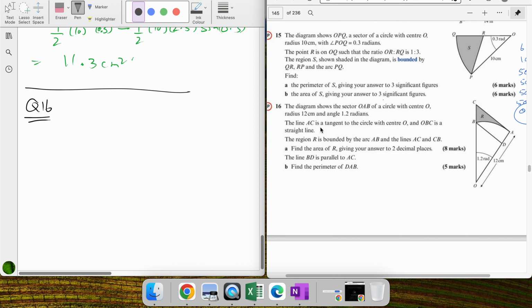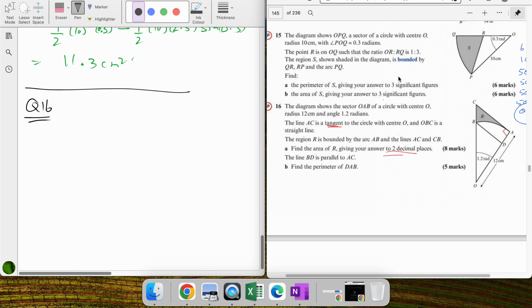The line AC is a tangent to the circle with center O. That means this angle is 90 degrees because of the tangent to the circle center O, and OBC is a straight line. The region R is bounded by the arc AB and lines AC and CB. Find the area of R correct to two decimal places.